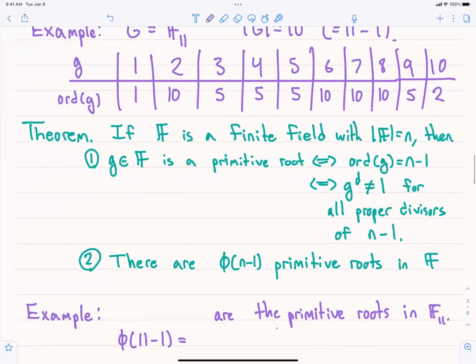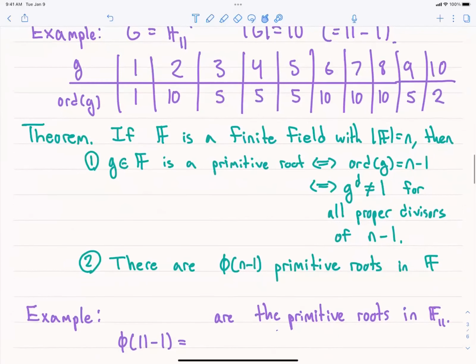Okay, so in this example above, let me fill this in now. I said 2 is a primitive root, and then also 6, 7, and 8 are primitive roots in F11.